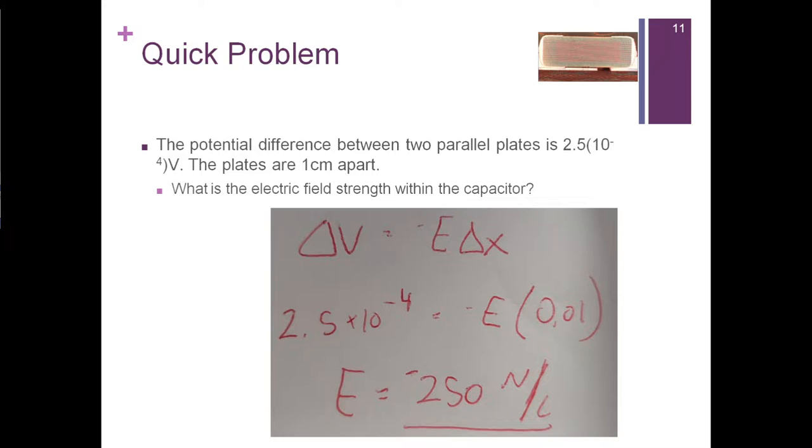Something you may have noticed about some of these formulas, and I've kind of been hand-waving past it a little bit, is the placement of negative signs that I haven't been addressing.